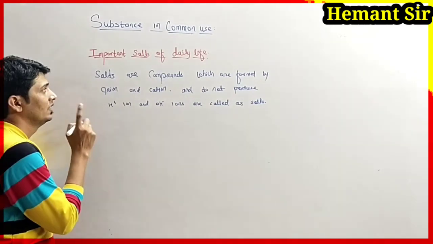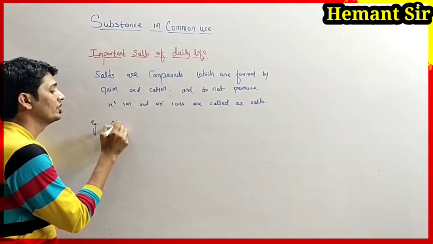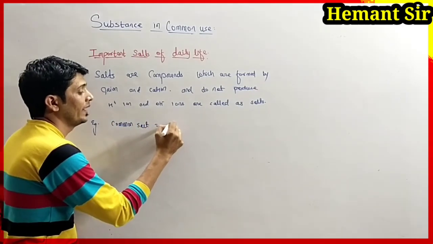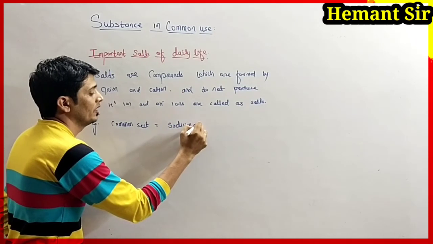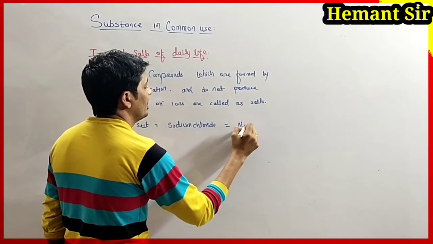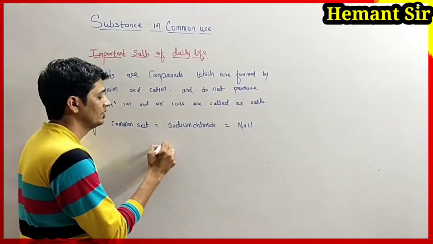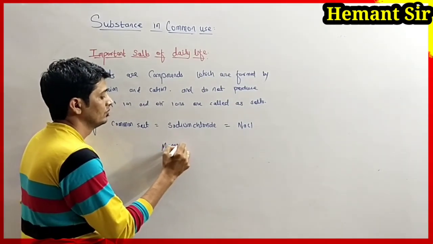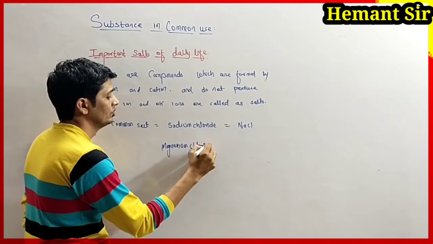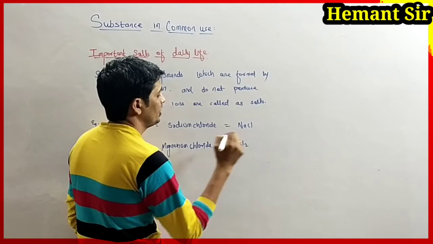So the important salts are common salt, which is sodium chloride, and the formula is NaCl. Then we have magnesium chloride, its formula is MgCl2.